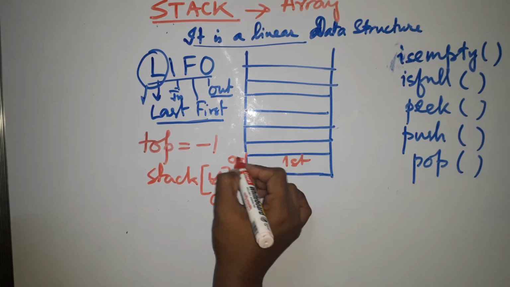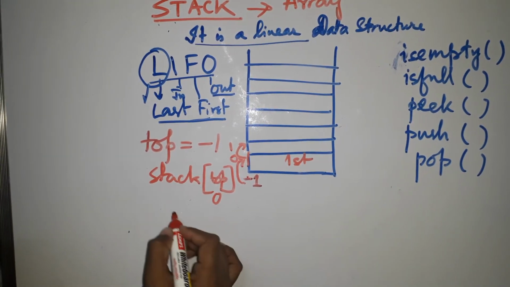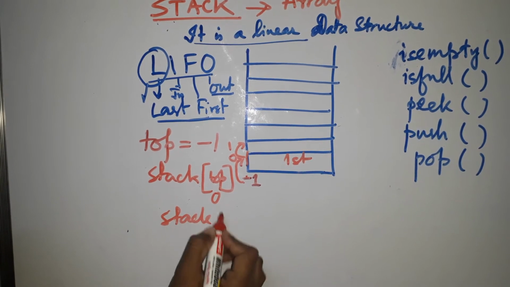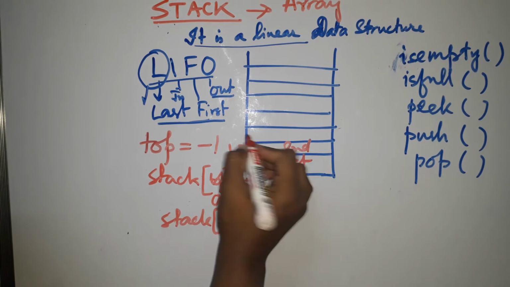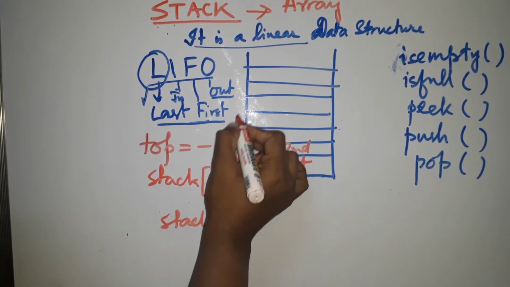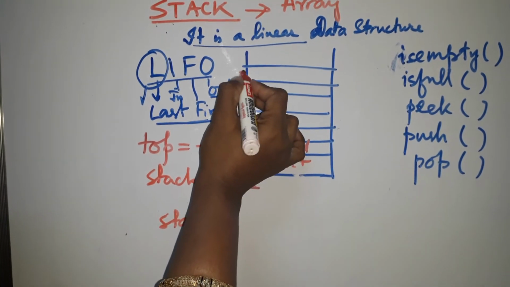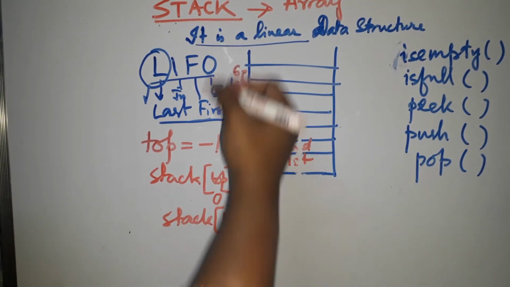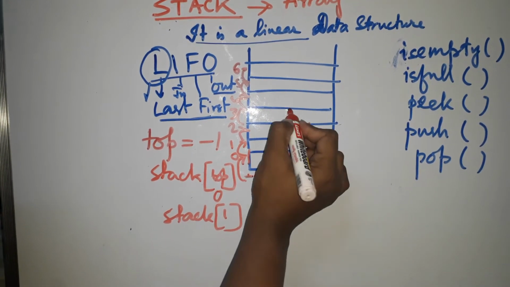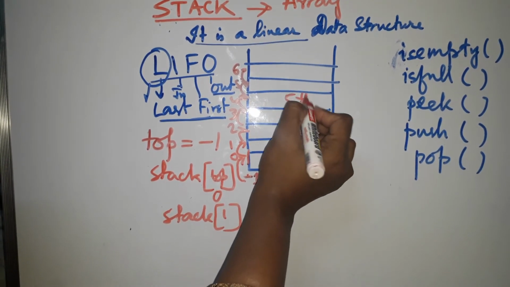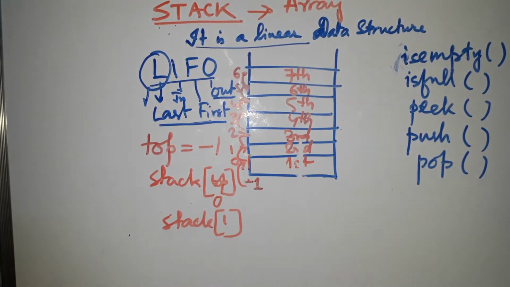Next, it increments once more. It comes to position 1. So stack 1 holds the second data. That way it will be 2, 3, 4, 5, 6. One by one the value will be incremented, and third, fourth, fifth, sixth, seventh data will be there.